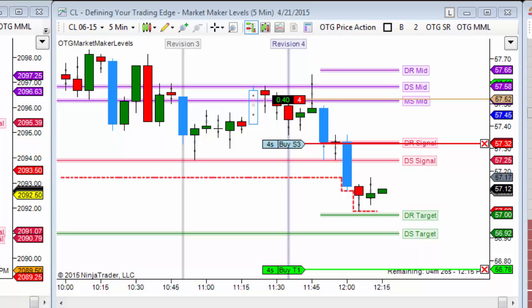So we're 40 ticks on 4 here. We're looking for 56.76 as the final target down below. And this far away here, I believe we'll get there. 56.76. This far down here, there's 8, 7, 6.